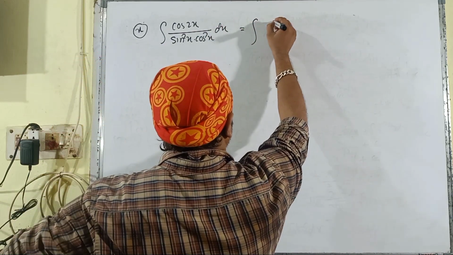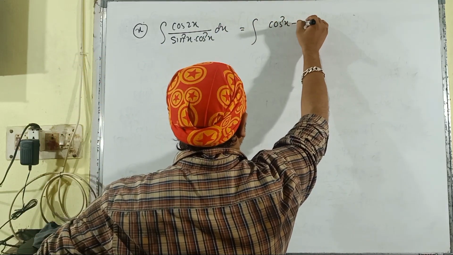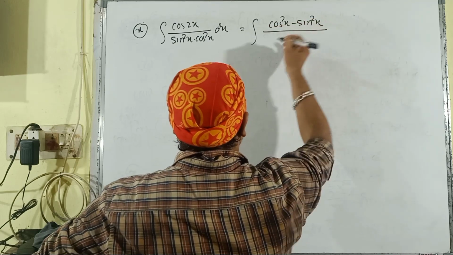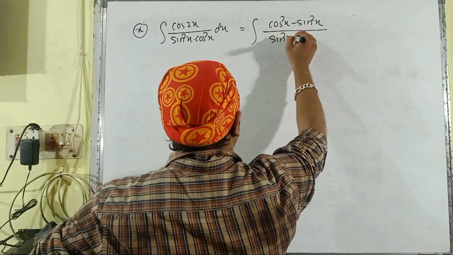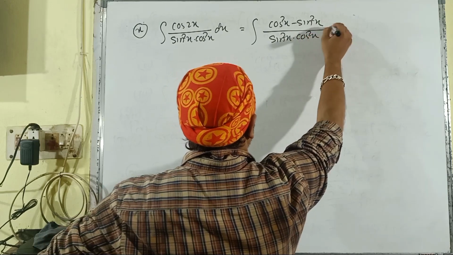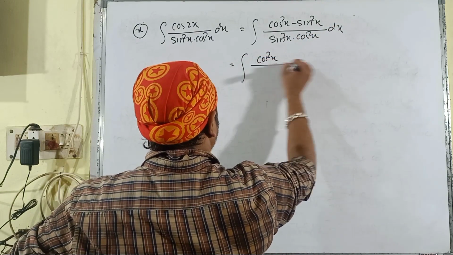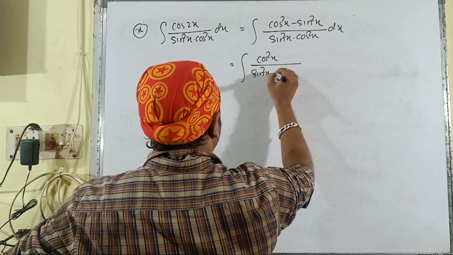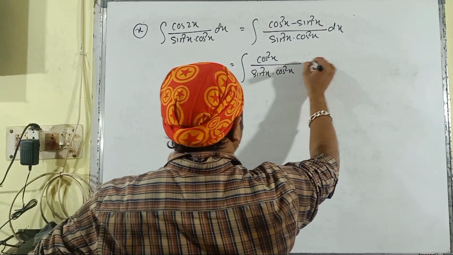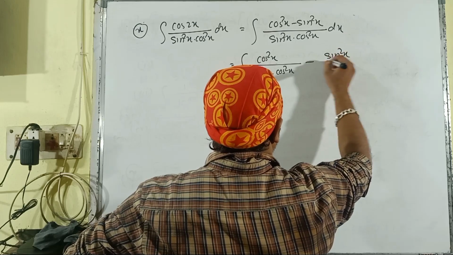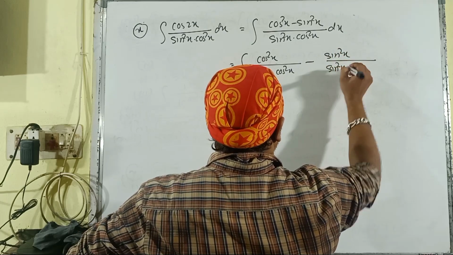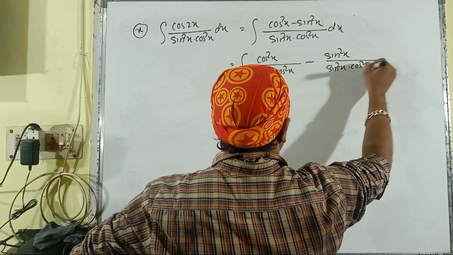In place of cos 2x, we can write cos²x minus sin²x, divided by the multiplication of sin²x and cos²x. Integral of cos²x divided by sin²x cos²x, minus sin²x divided by the multiplication of sin²x into cos²x.